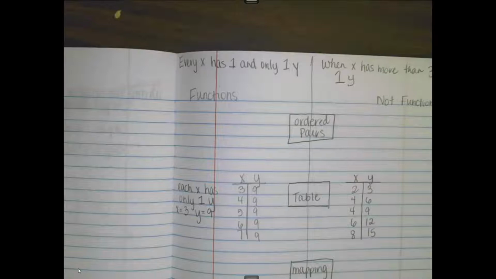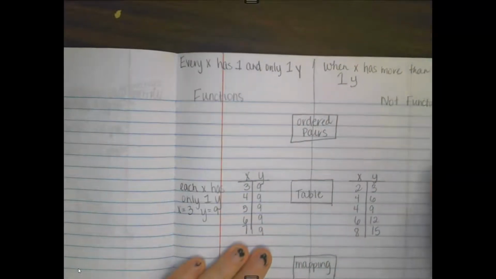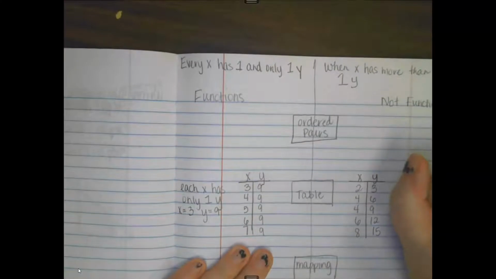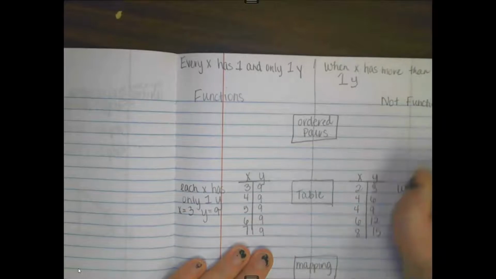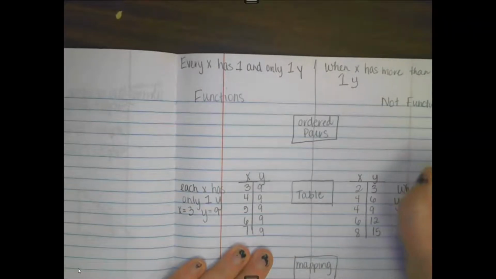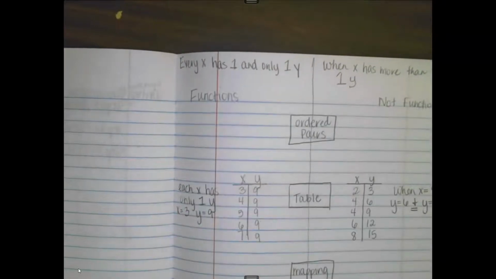That's when it's not a function, when I have an x that has multiple y's. So when x equals 4, y equals 6 and y equals 9. That's why it's not a function. Okay?